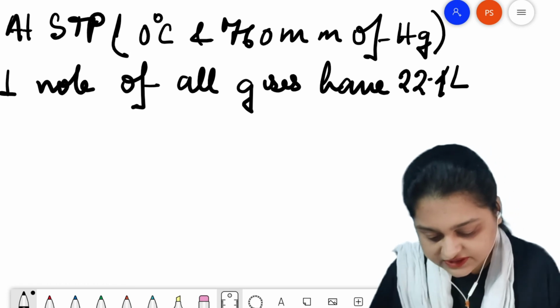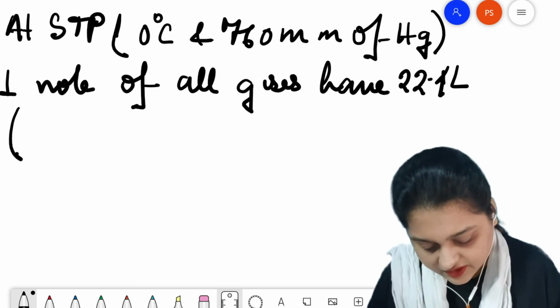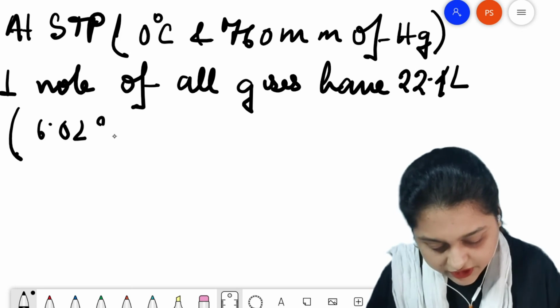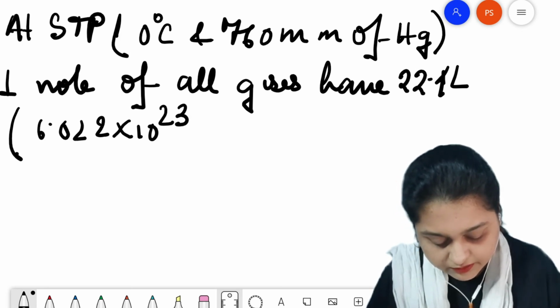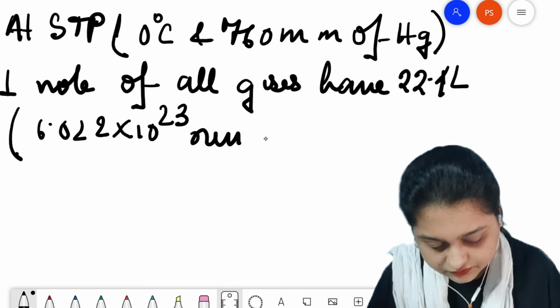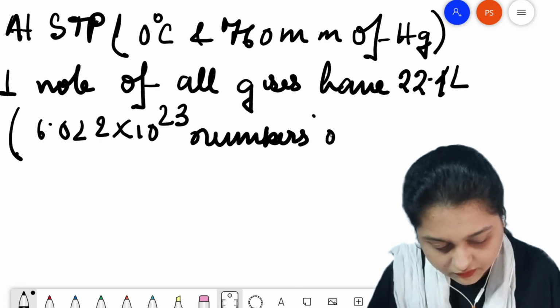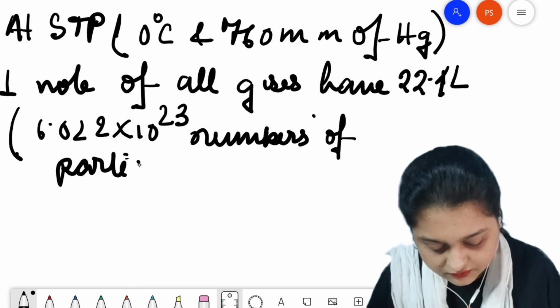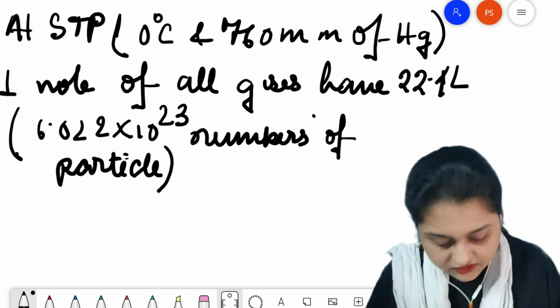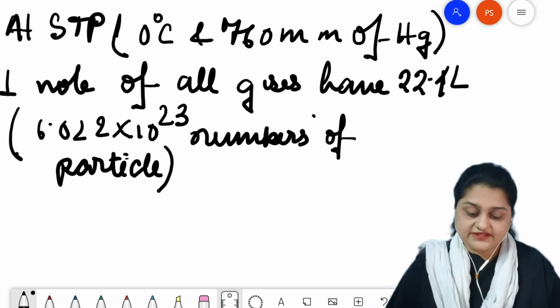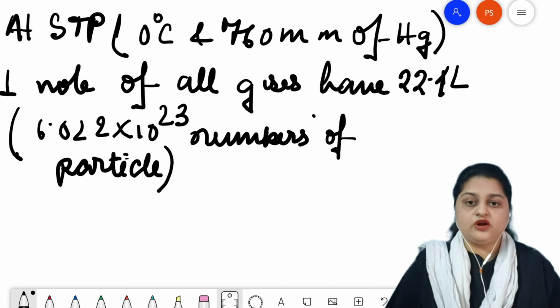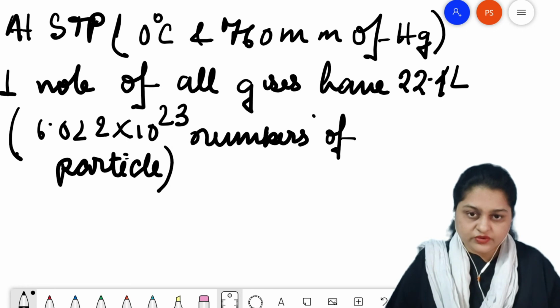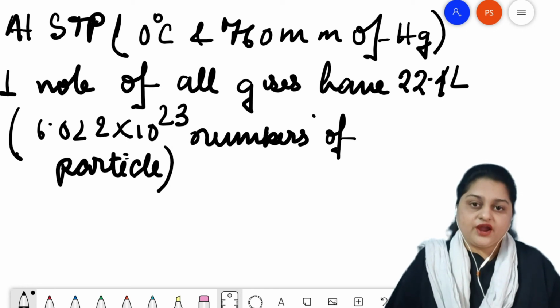Now 1 mole is nothing but 6.022 into 10 to the power 23 particles of gas. Therefore, you can say that at 0 degree Celsius temperature and 1 atm pressure, 1 mole or 6.022 into 10 to the power 23 particles of gas occupy a volume equal to 22.4 liter.